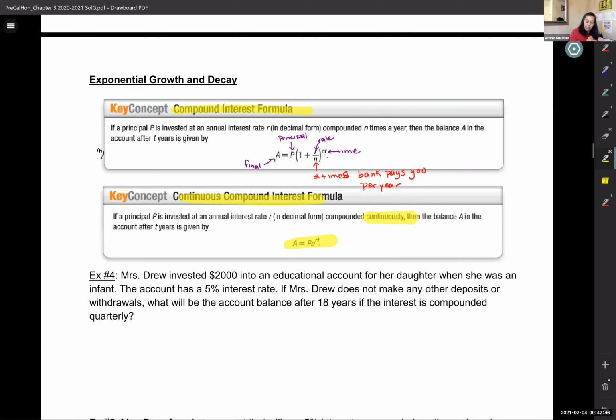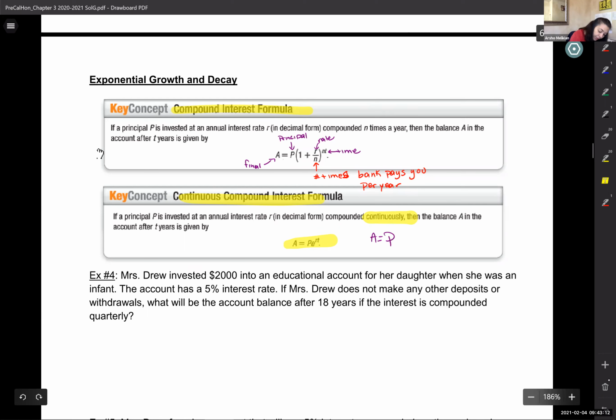This means that the bank doesn't pay you once or twice or 4 times or 365 times. The bank is paying you continuously, every nanosecond of every year. Okay? All right. So how do we get from that formula to this formula, right?